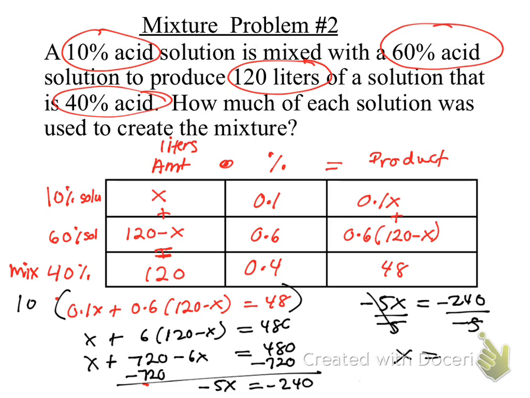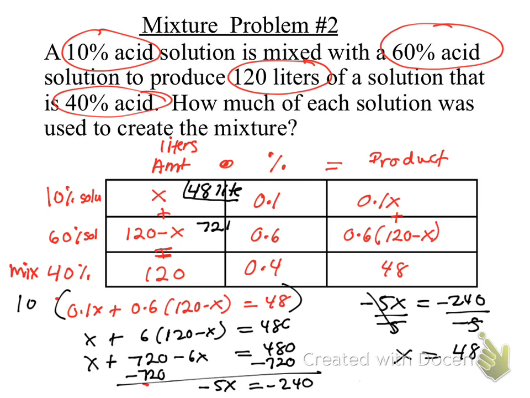What? 48. Are you sure? Did you try it? Okay. X equals 48. 48 of what? 48 liters of the 10%. I need 48 liters of the 10% solution. And how much of the 60% solution? 72. That would be 72.